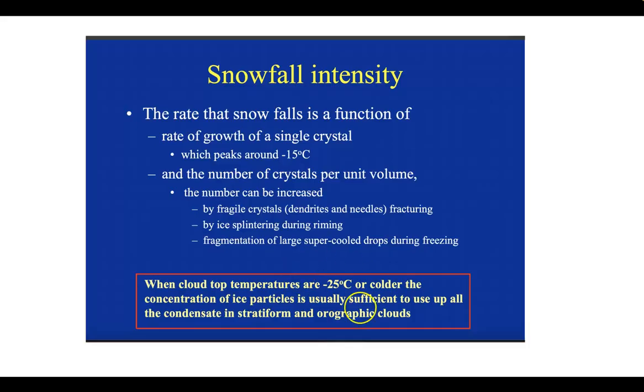And fragmentation of larger supercooled drops during freezing can also cause this. So basically, anything that's fracturing, splintering, breaking, anything that's getting smaller actually increases what's in that unit volume. And that can make the snowfall more intense.